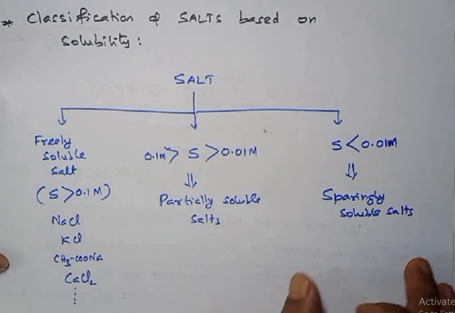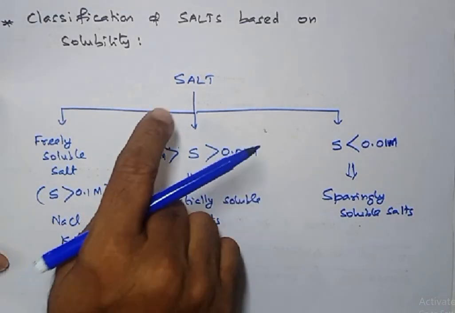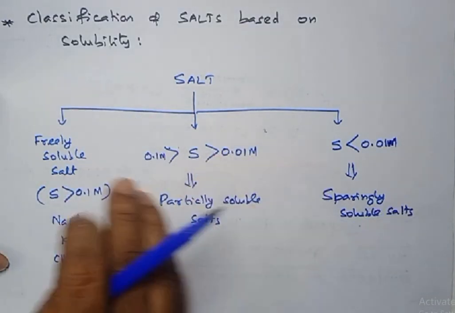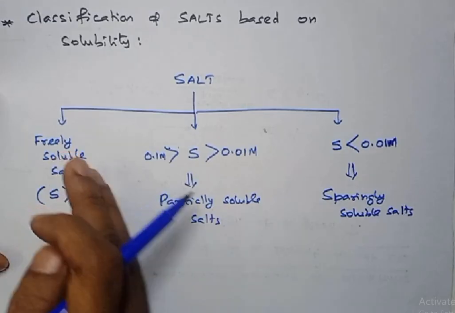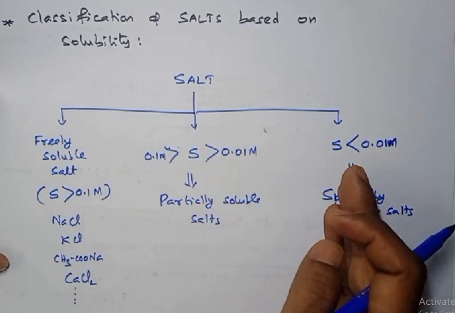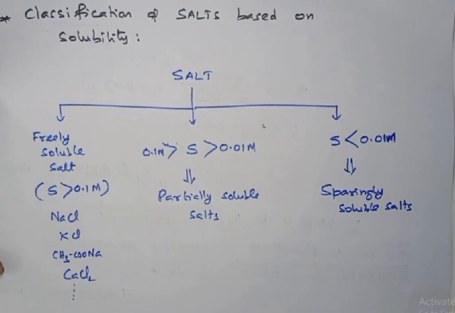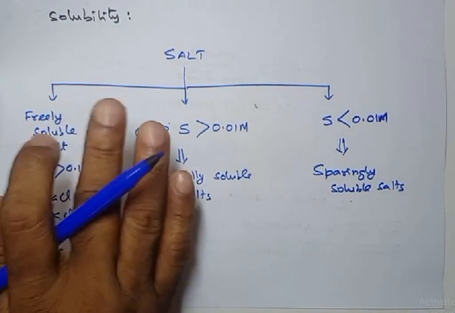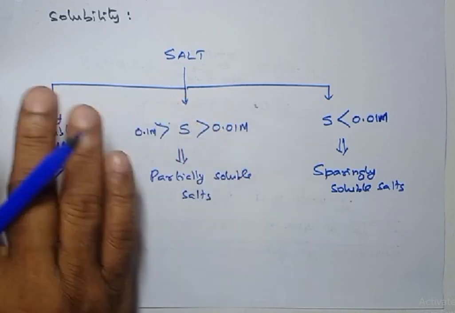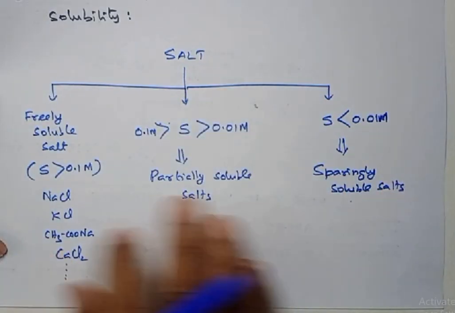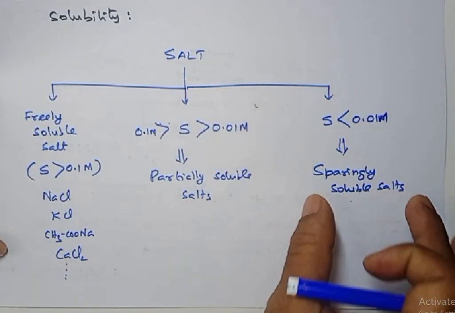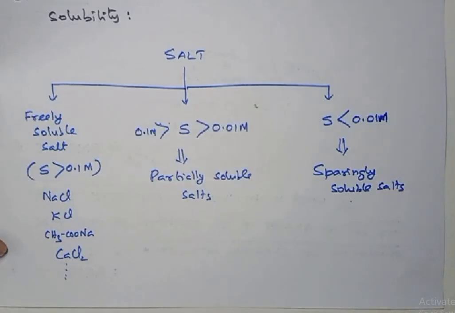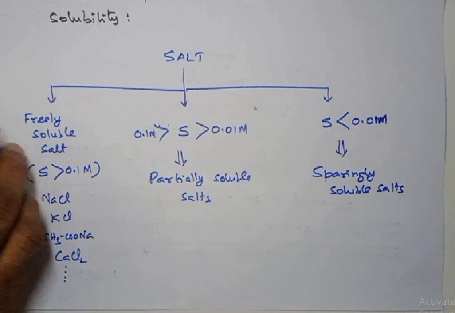So, we classify salts based on solubility into three types: freely soluble, partially soluble, and sparingly soluble. Now in this particular lecture series, I am going to focus mainly on sparingly soluble salts.